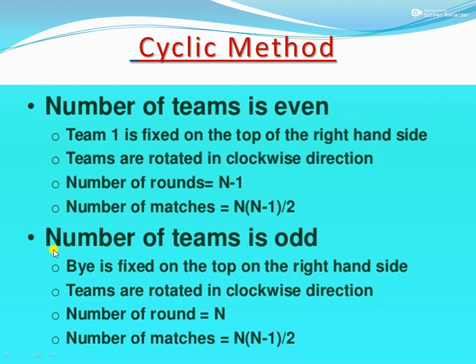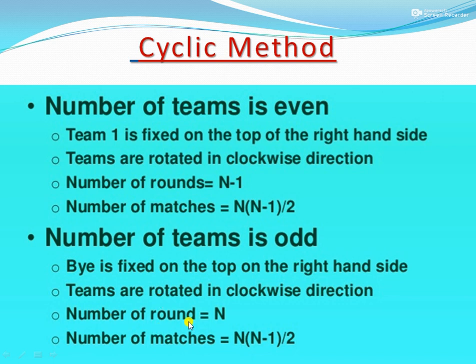If we have an odd number of teams, then the bye is fixed on the top of the right hand side. Here we were putting team 1 in a particular place; now we will put the bye in that place. Teams are rotated in the same clockwise direction.